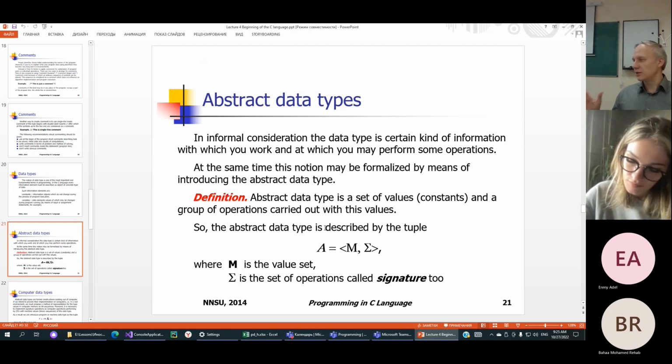What kind of numbers do you know, except integers and real numbers? Integers, real. But do you know any other numbers? Maybe not in programming, but in mathematics.